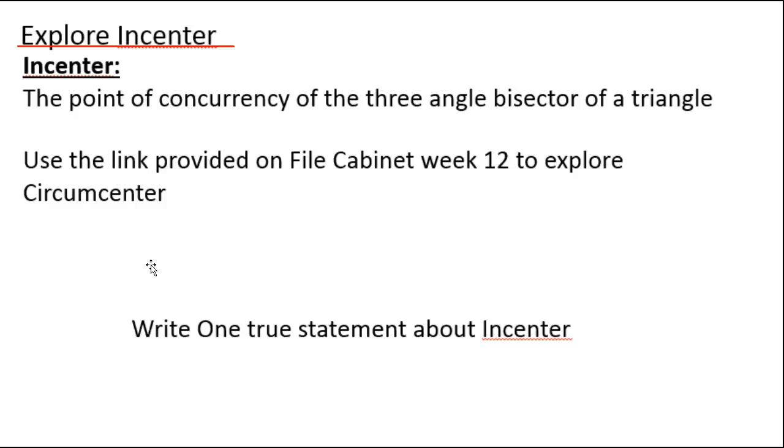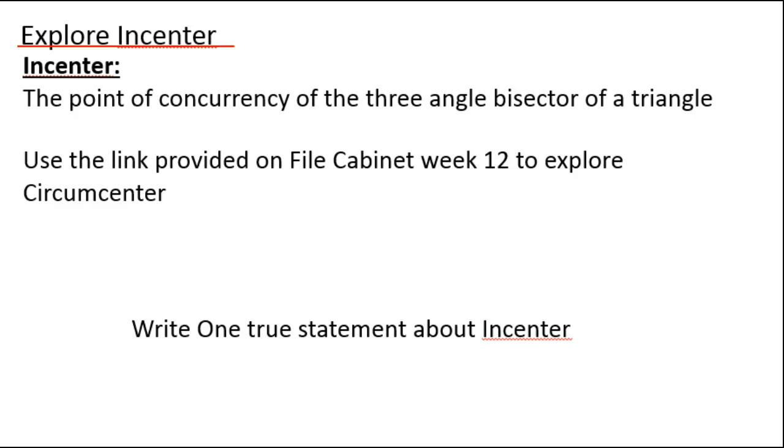So now we're going to explore the concept of incenter. First, we explored the concept of circumcenter. Now we're going to look at incenter. Incenter, again, just to recap, is the point of concurrency of the three angle bisectors of a triangle.